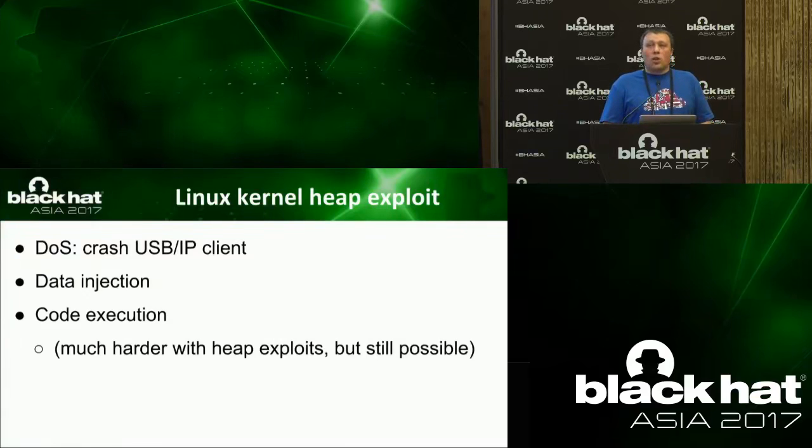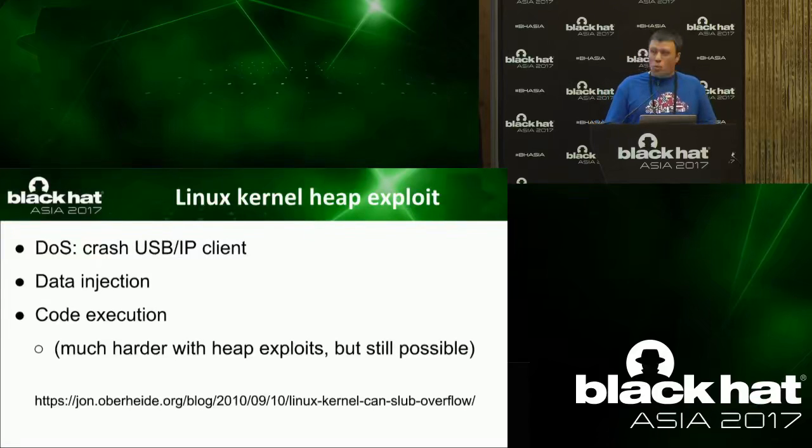I will not go into detail on how to do that, but you can reuse any previous kernel heap vulnerabilities. Some of them have very detailed explanations of how to achieve a meaningful result with data injection or code execution. One particular example is this blog post.